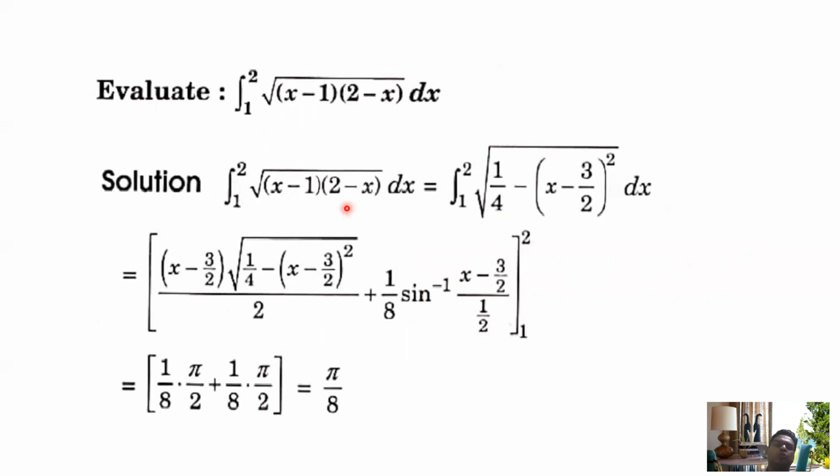Example number 2. This is also a very good example. Evaluate the integral from 1 to 2 of square root of (x minus 1)(2 minus x). Suppose I am solving by some method, you can opt for any other method also, no problem. Whatever method you are comfortable with, whatever method you know, you can use it.